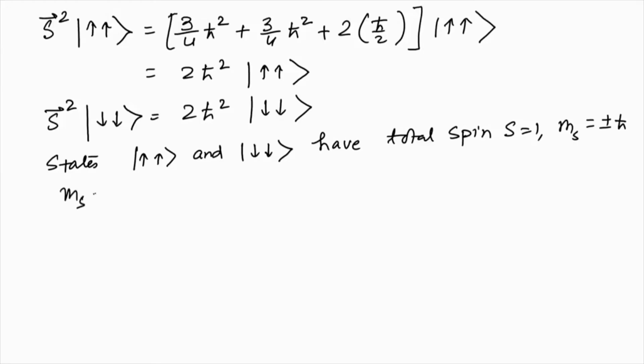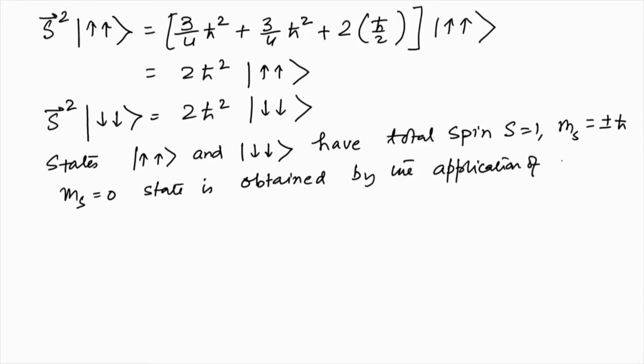So, the ms equal to 0 state is obtained by a particular operation, by the application of S minus on the up state. Let us see how one gets it, or you can also consider S plus on the down states.